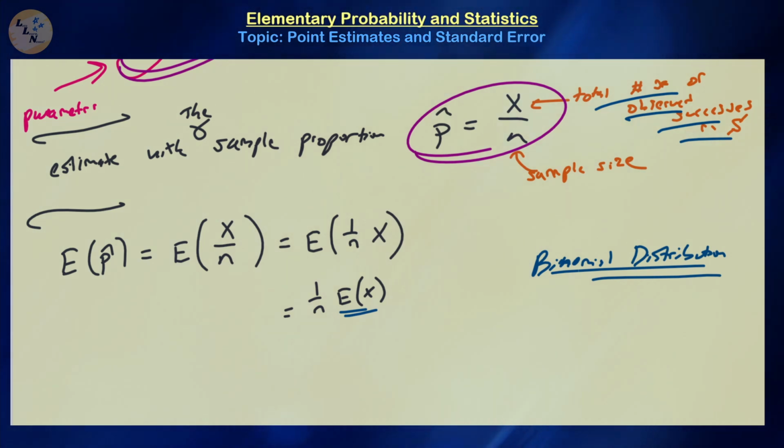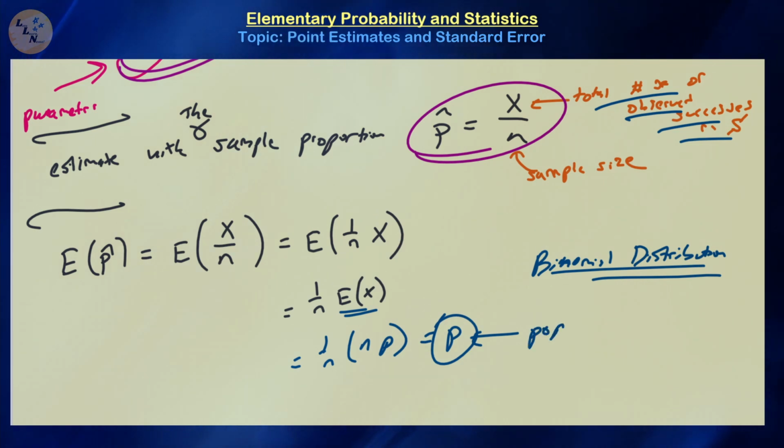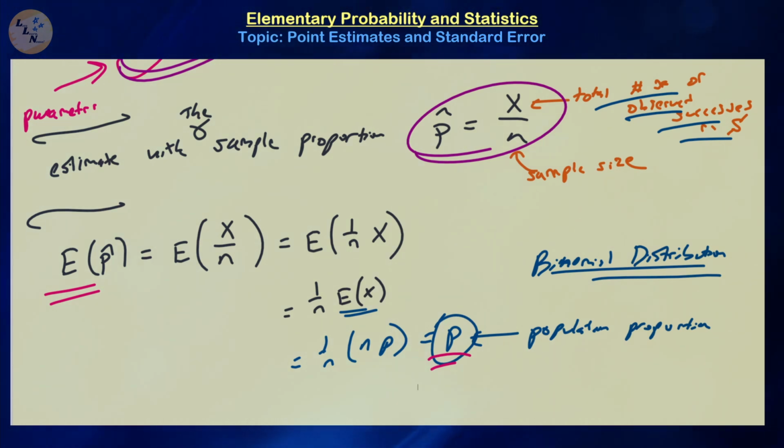So the expected value of x is actually going to be equal to n times p, and that's actually going to be equal to p, where p is actually the population proportion. So that means the expected value of p hat, the sample proportion, is actually equal to the population proportion. Therefore, this is an unbiased estimator for that.